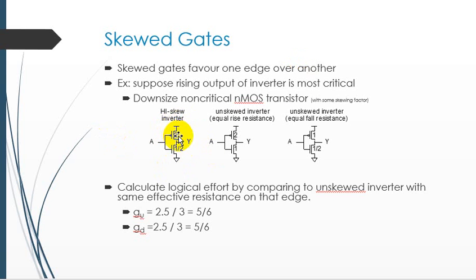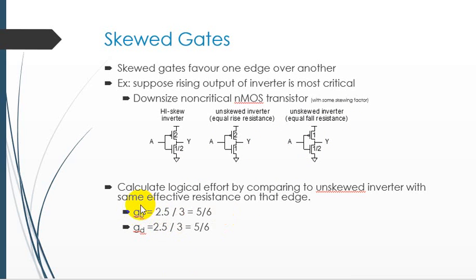So here is a high skewed inverter and an unskewed inverter with equal rise resistance. You can easily calculate the logical effort by comparing to the unskewed inverter with the same effective resistance on that edge.